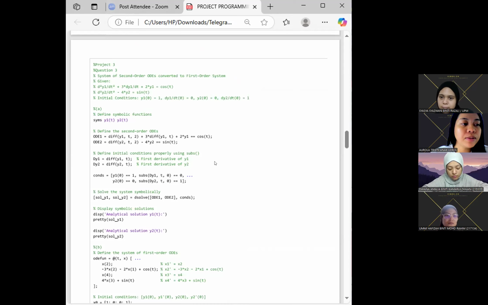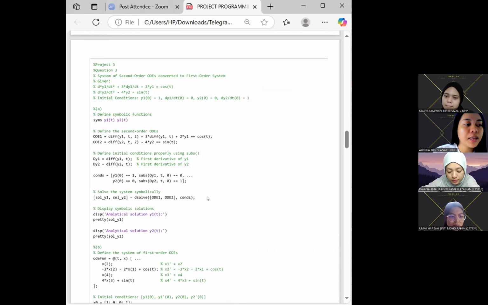In this part, we use symbolic variables in MATLAB to define and solve the ODEs analytically. We declare symbolic functions y1(t) and y2(t) using syms. Then we define the two equations using the diff function for derivatives.